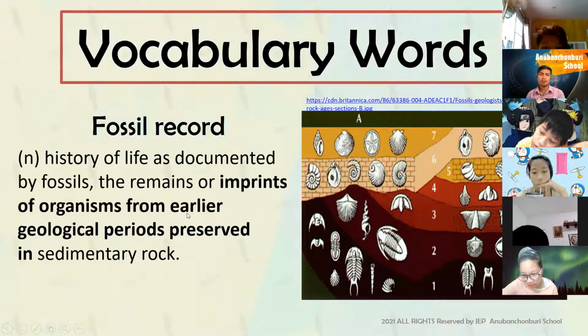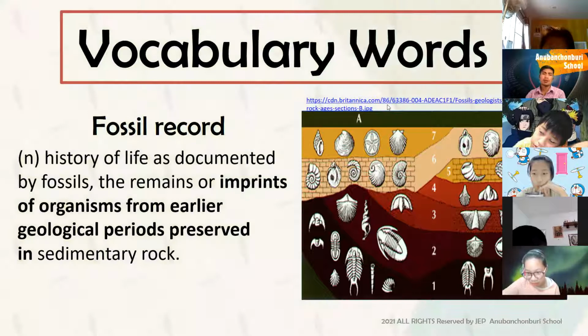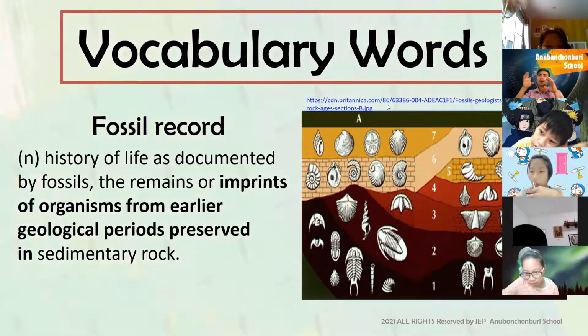Here, fossil record. Now, fossil record is very important. It involves the history of life as documented by fossils. So this is a record of the fossils. For example, in the northern part of Thailand, what type of dinosaurs or bones of dinosaurs can we find there? And in the south of Thailand, what type of dinosaurs can you find?